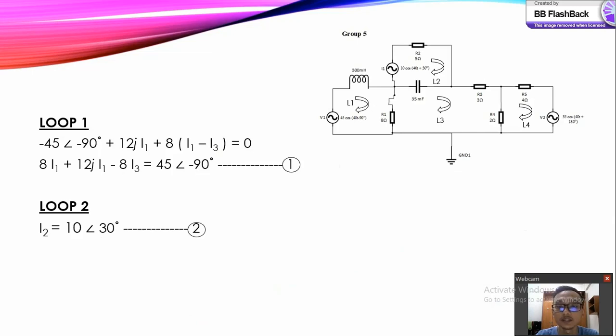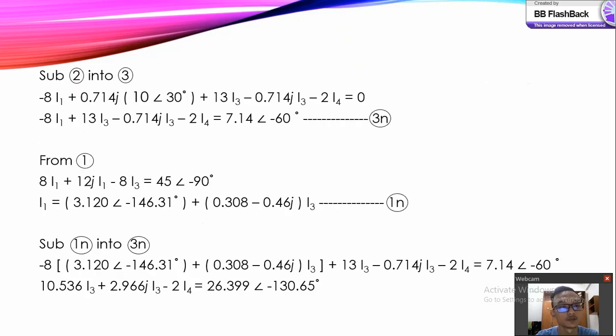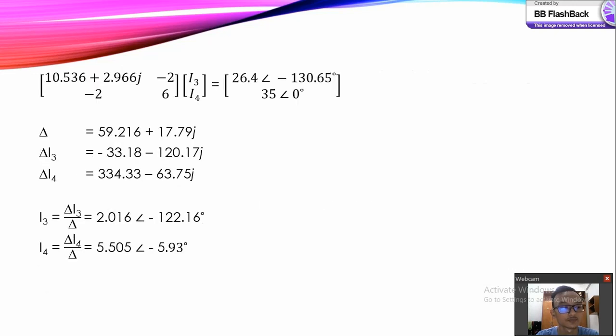Next, label each loop as L1, L2, L3 and L4, and then find the equation for each loop by using KVL. So this is the equation for loop 1 and loop 2, and this is the equation for loop 3 and loop 4. Next, derive the equation so that only I3 and I4 are in the equation. After that, find I3 and I4 by using Cramer's rule.